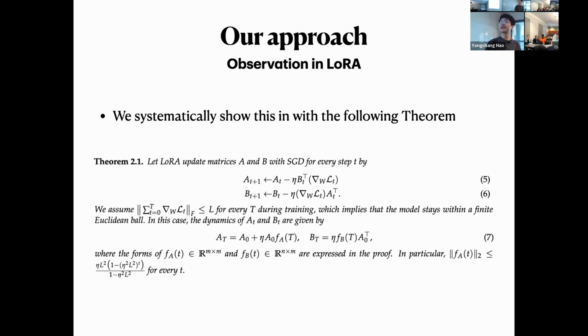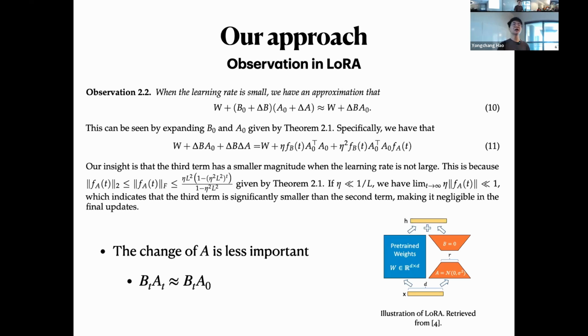If the norm of FAT is 0, then it means AT does not change from A0. If it's small, then the magnitude of the change is small, and the final effectiveness of this part is small in the trained LoRA module plus original pre-trained weight.